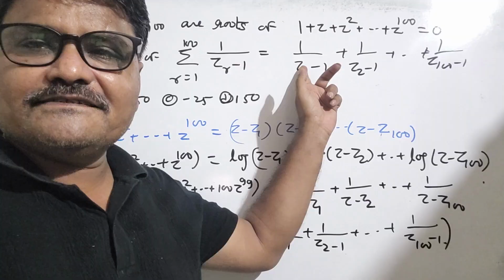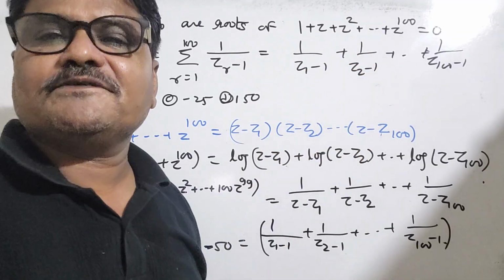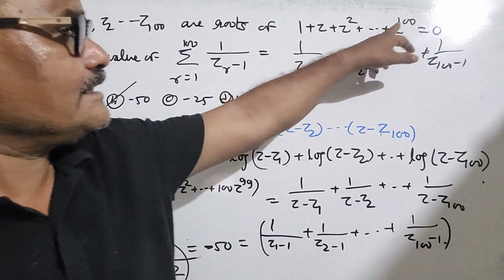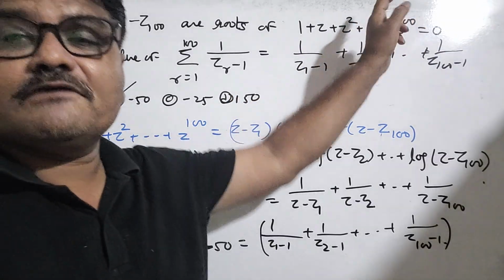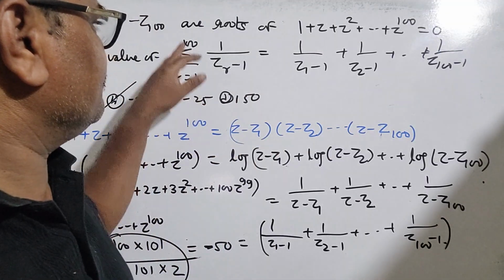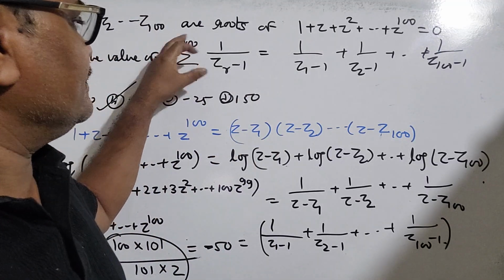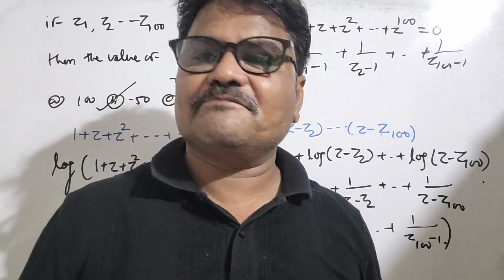If it is 1 minus z1, 1 minus z2, the answer will be 50. If they ask about 1 plus z square up to z to the power 50, where r ranges from 1 to 50, the answer will be minus 25. The process is the same.